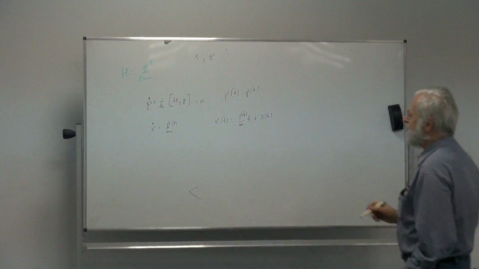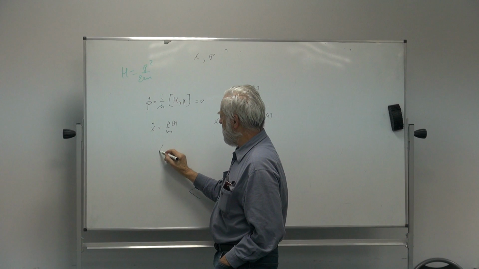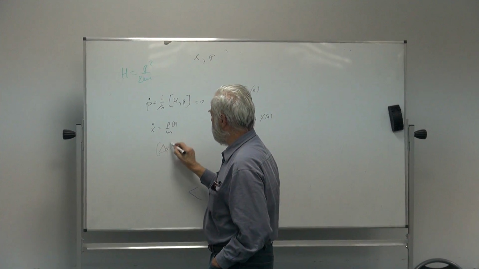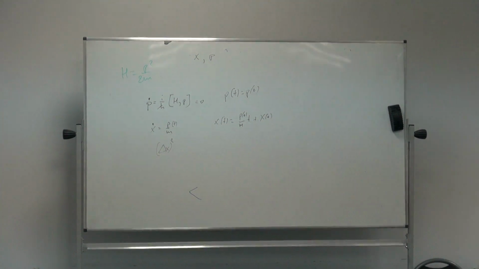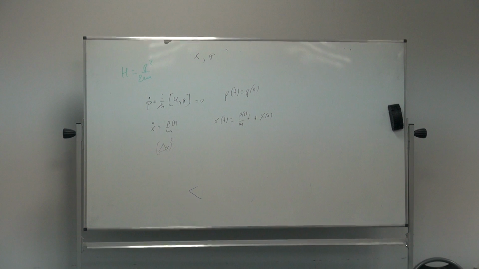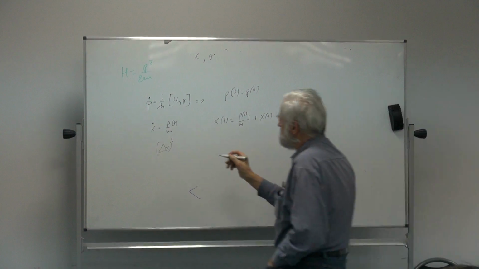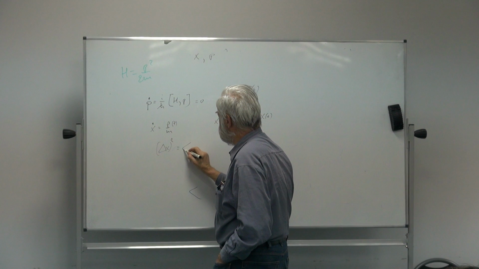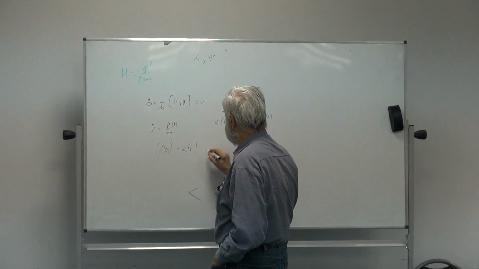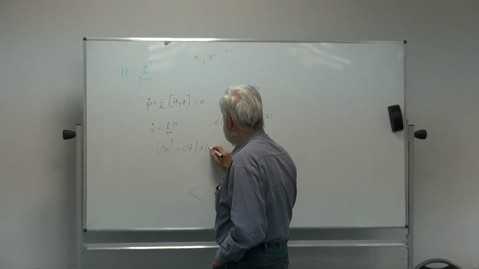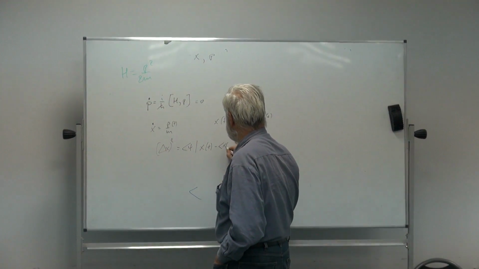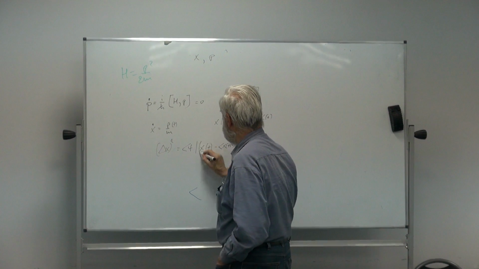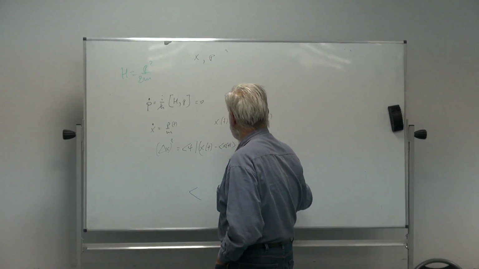Why? Let's look at the variance of this fellow. So we compute the variance in some state. What is it? Well, as always, it is the initial state psi times x of t minus the mean of x of t, squared, times psi.